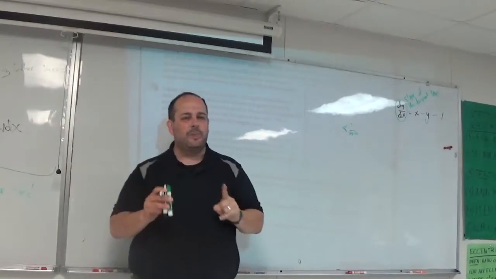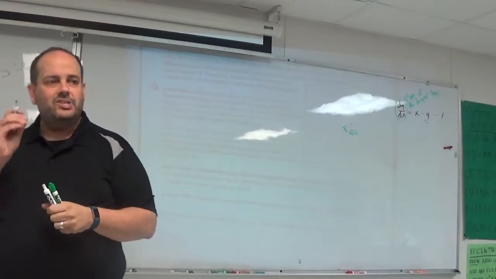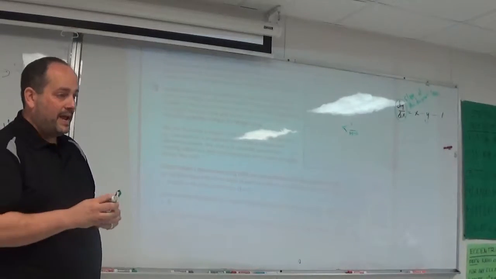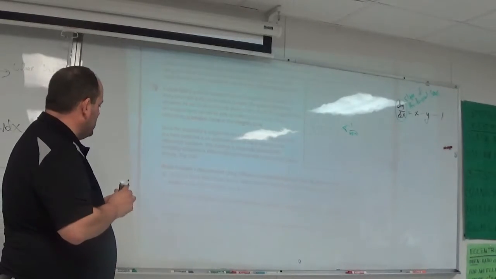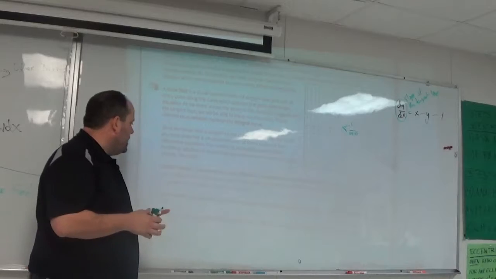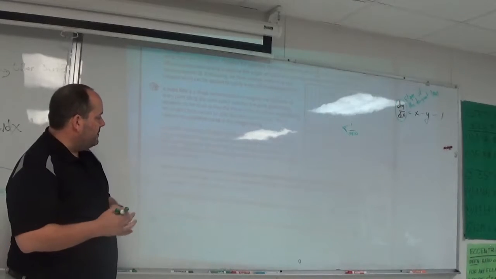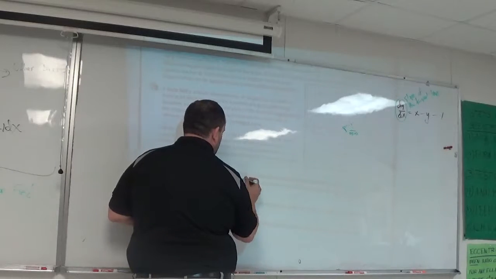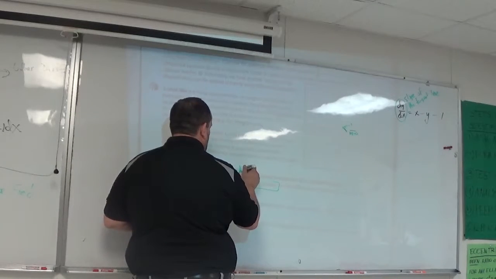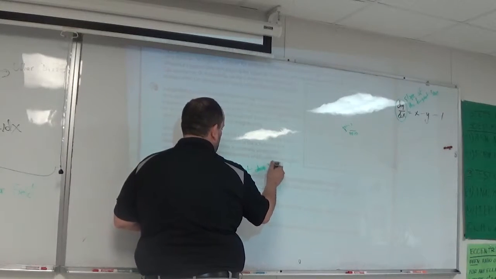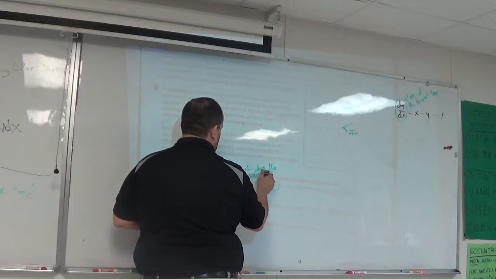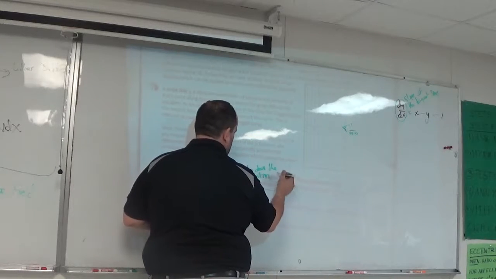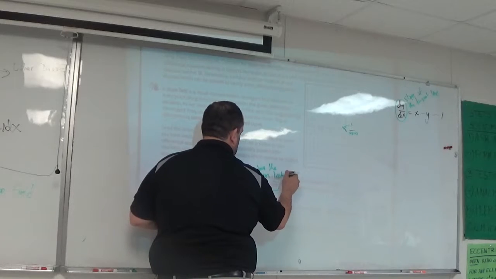Here's why you make the slope field. The tangent lines tell you how the curve behaves. So let's jump into this with part A. Using the slope field shown above, I want to sketch the solution. Sketching the solution just means, what does the solution look like? You're not going to come up with an equation, you're going to come up with a sketch. What does the solution look like?